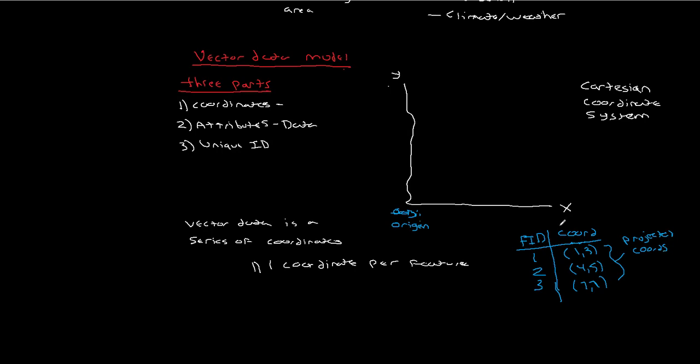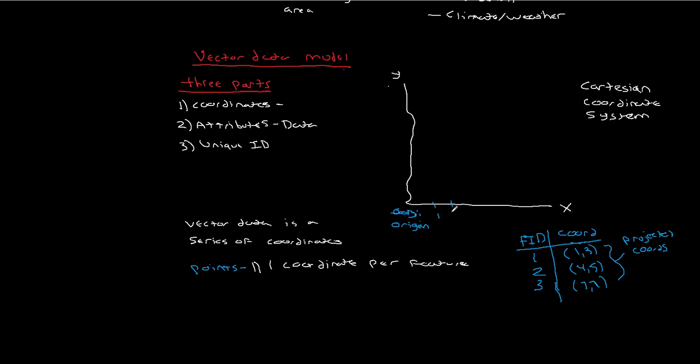So we've got locations. If we have one location representing each feature, these are said to be points. So to be clear, a vector data model where each feature has one coordinate is called a point.